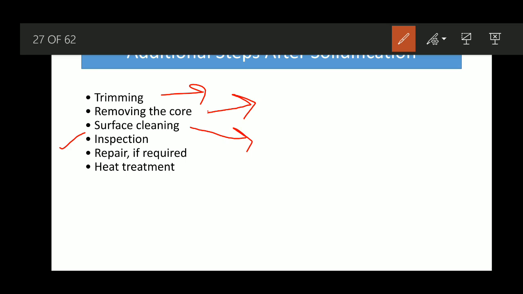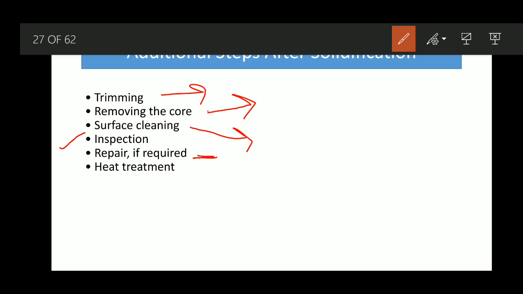We will inspect the cast for any fault, whether it is dimensionally correct or not, whether there is any crack, etc. Then we decide whether to accept or reject that part. If we find some problem which can be resolved, then we go for repair if required.